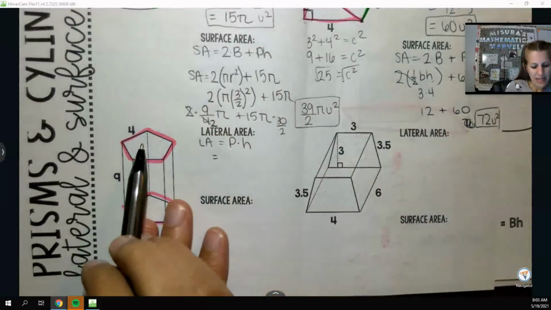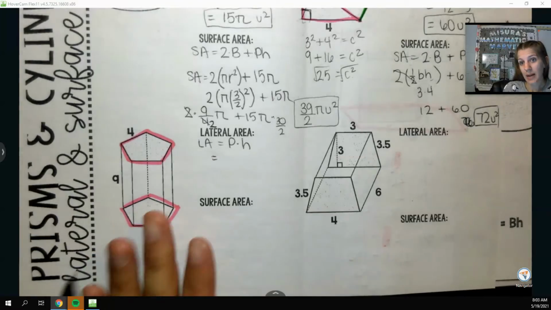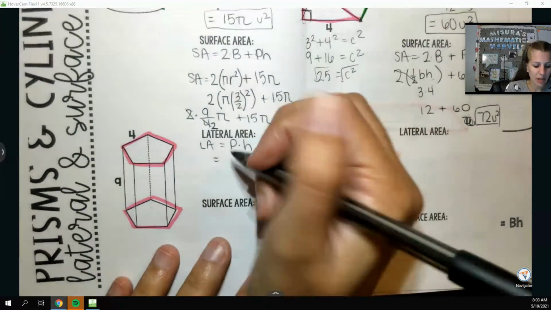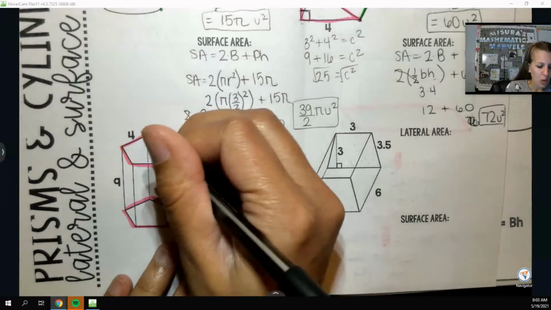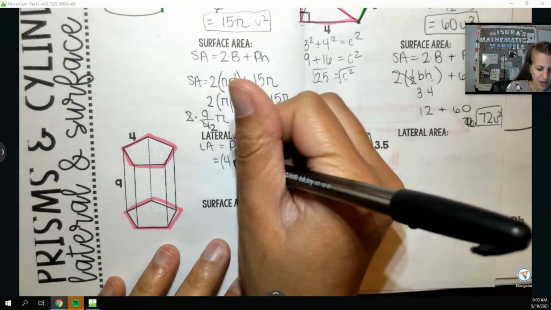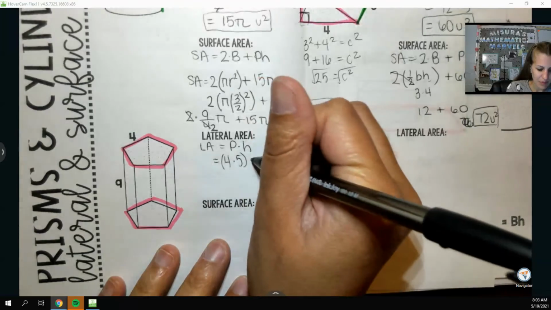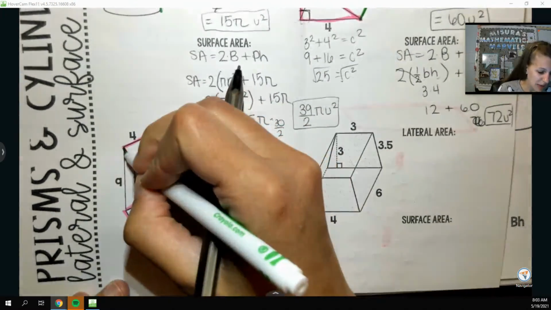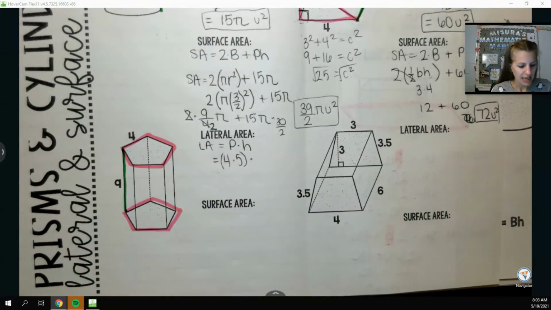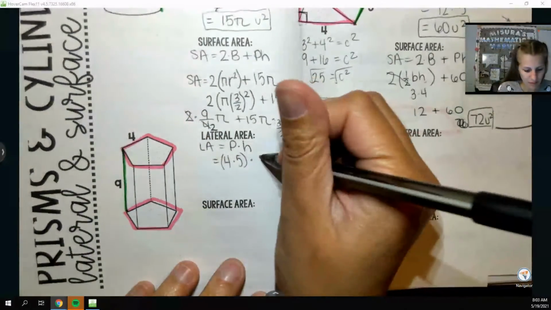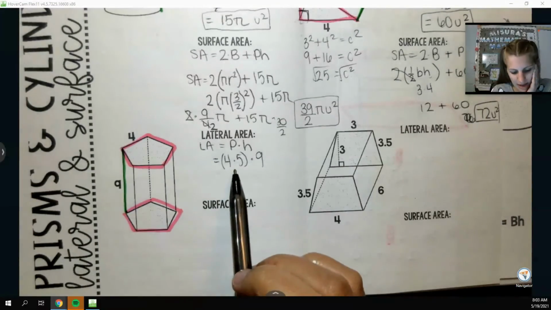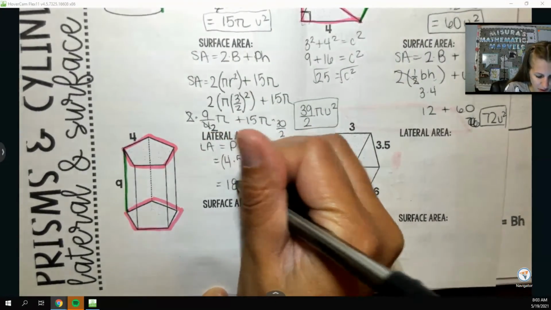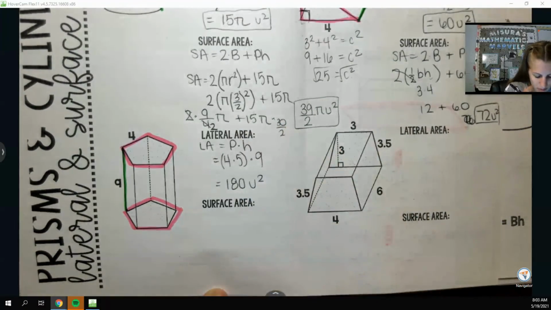So the perimeter of the base here, we have to assume that all of our shapes are regular. Otherwise, we can't really do this. So assuming that this pentagon is regular, to find the perimeter, one side length is 4, and there are 5 of them. And then the height from base to base, or pentagon to pentagon, they're showing you right here, is 9. So we're going to have 20 times 9 for 180 units squared.